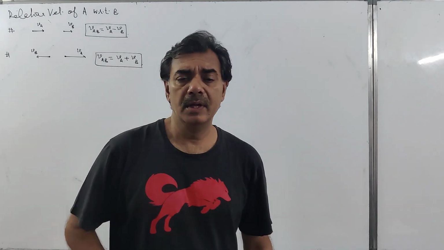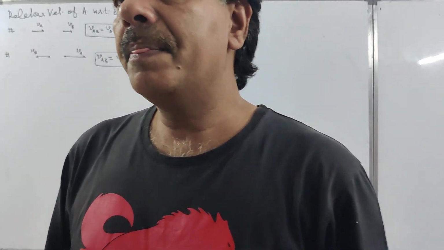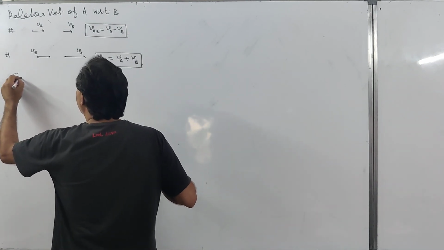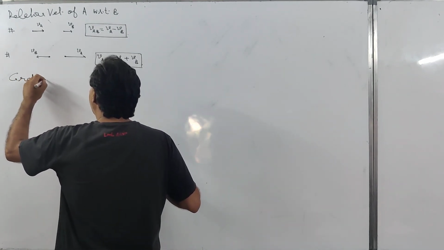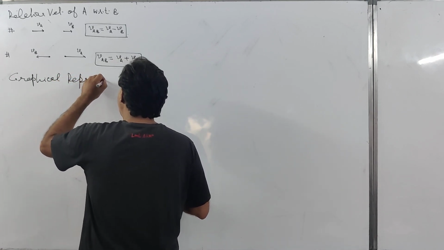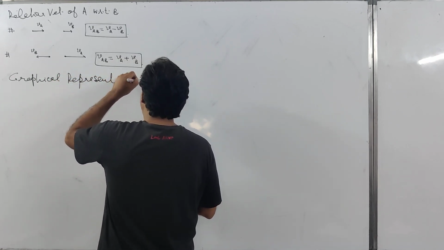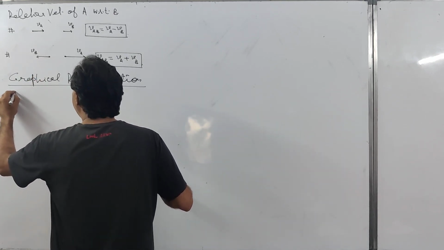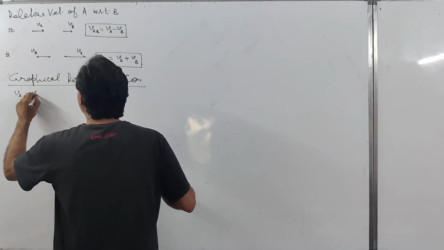One more thing. What we have here is the graphical representation. VA equal to VB.